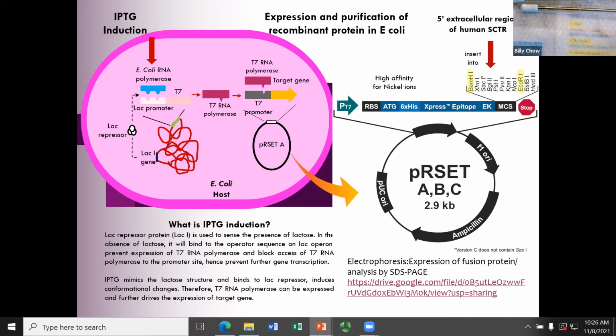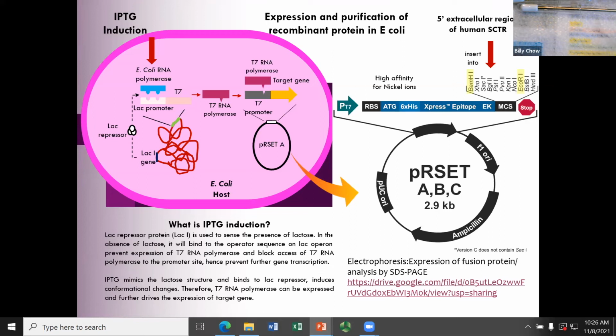Okay, so this is the bacteria. This is the E. coli, the host. This is the pRSET A with the DNA cloned into the BamH1 EcoR1 site as shown here. And this is driven by the T7 RNA polymerase, right? RNA polymerase is an enzyme that drives transcription. But it will only recognize certain DNA sequence in front of a gene. It's called a promoter.